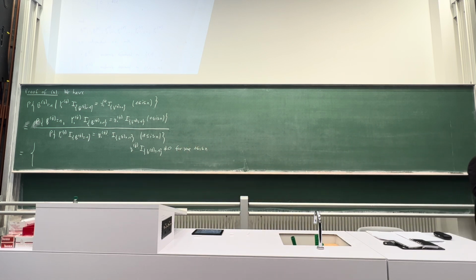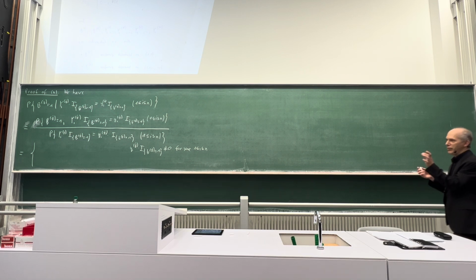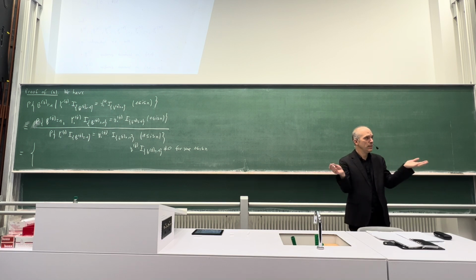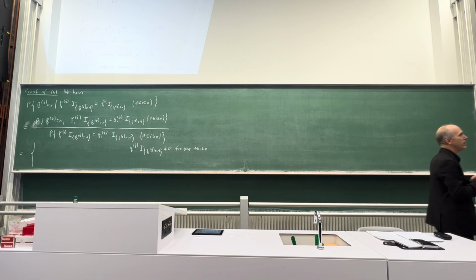And do you have any idea what this means? If you have observed that one of these values, where the random digit times this indicator, is not 0, what does this imply?